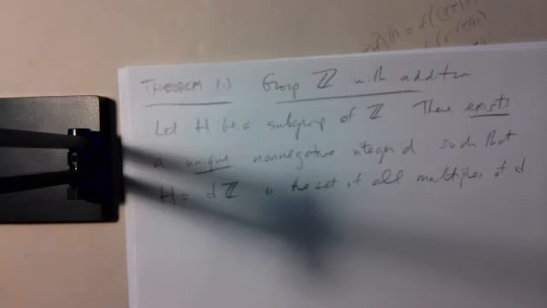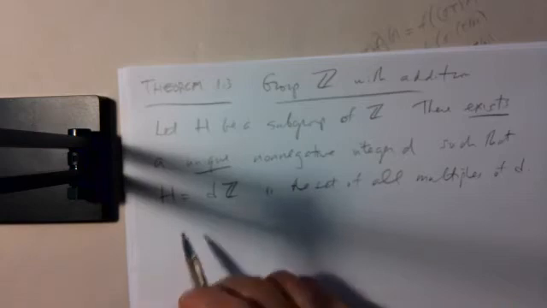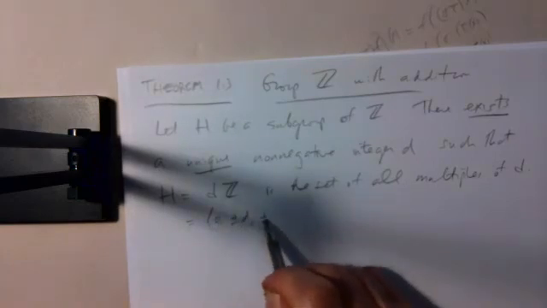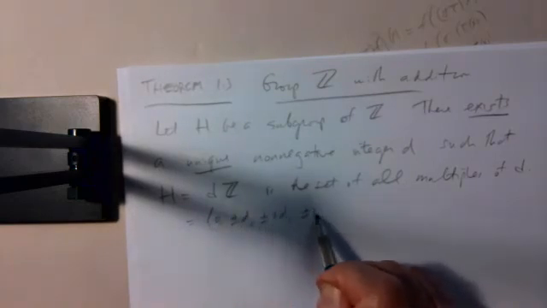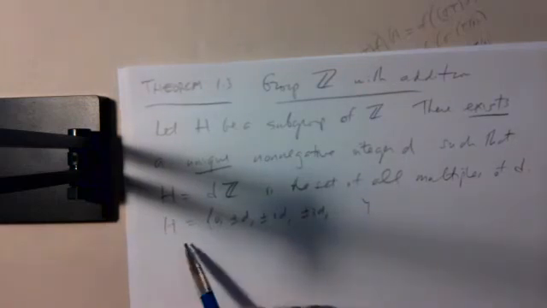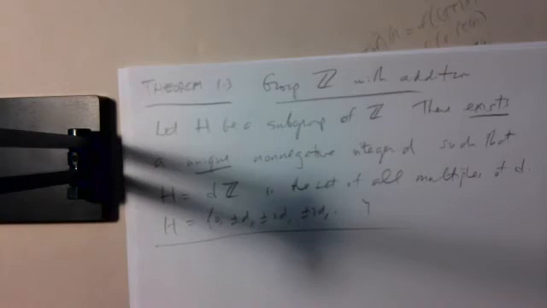Right? Every subgroup is a set of multiples, that is 0 plus or minus D plus or minus 2D plus or minus 3D and so on forever. These are the only subgroups there are. Okay, so that's what we want to prove.